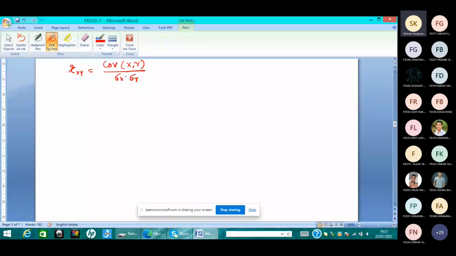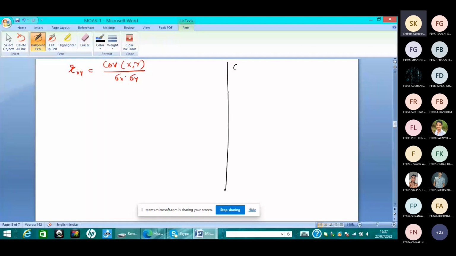Now there are three terms involved in this, and each has its own formula. If you change the formula, you will get a different form. So this is the very basic formula.